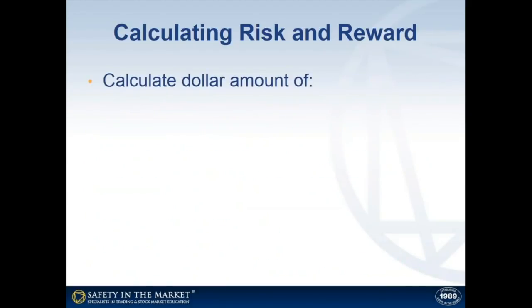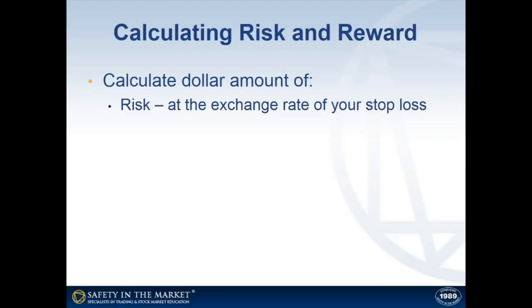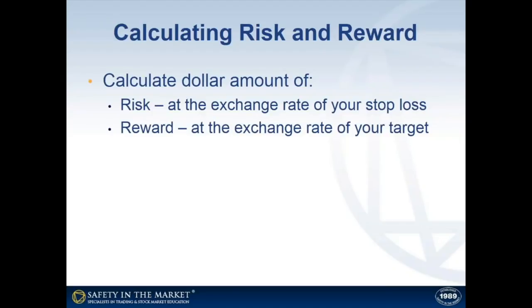Okay, so let's calculate the dollar amount of a trade in terms of risk at the exchange rate of your stop loss and reward at the exchange rate of your target. They are the two steps when you are going to jump into a trade to make sure that that trade is going to be worth your while.